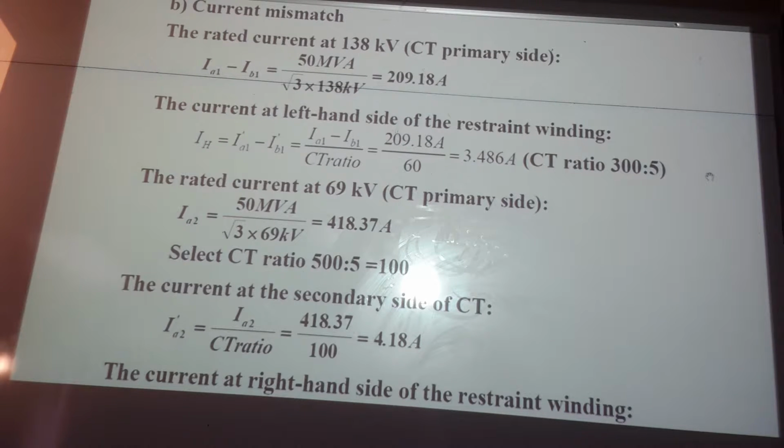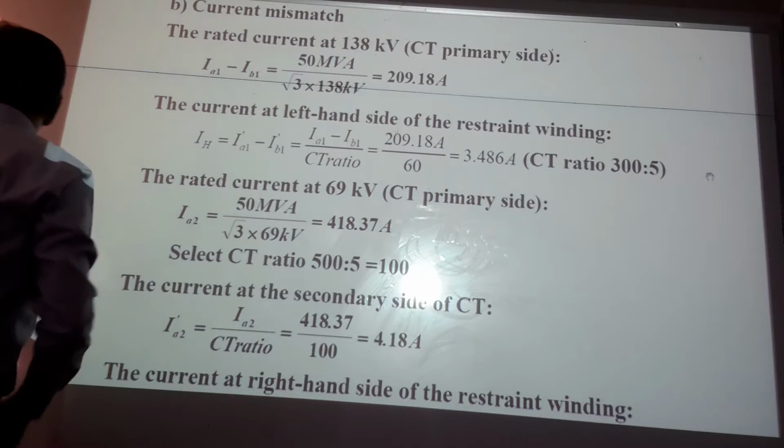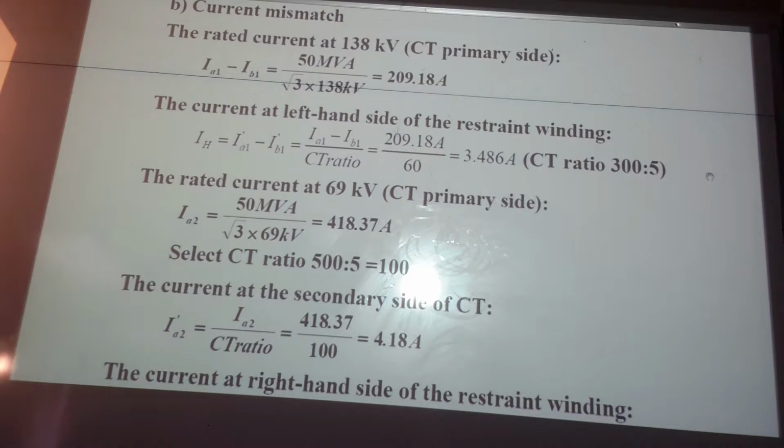So we are using this formula to do the calculation. We want to know the current, what is the maximum load current? The maximum load current is computed using the maximum S load.